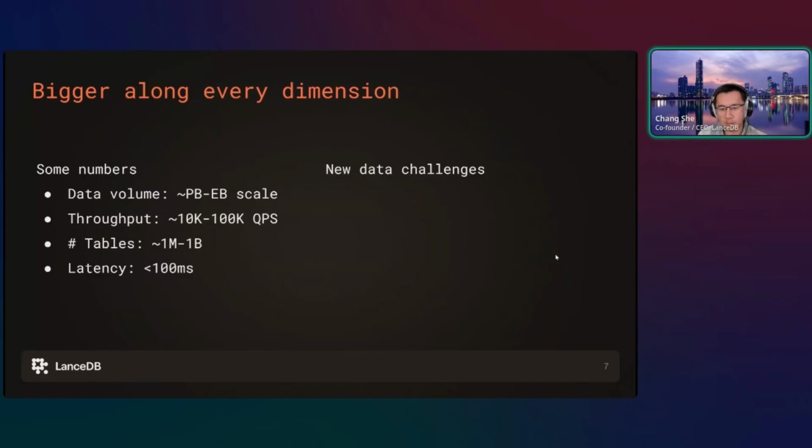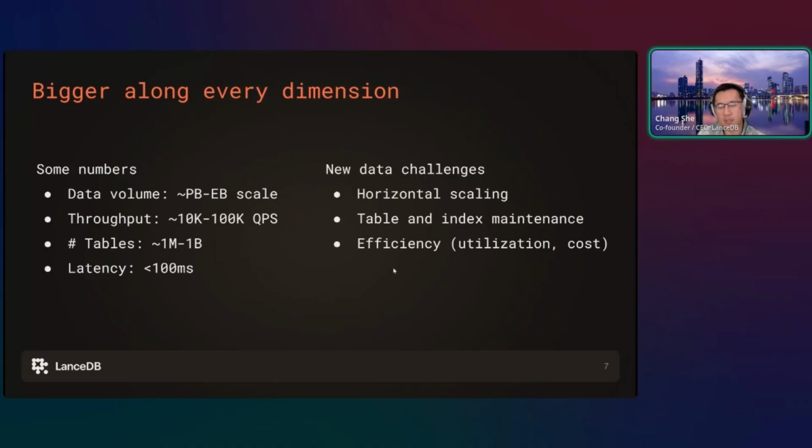So what does it mean for data infrastructure? Horizontal scaling, you absolutely need that to handle this kind of scale. And it's not as easy to do for search. So table maintenance and index maintenance becomes much, much harder at this scale, especially if it's horizontally scaled out.